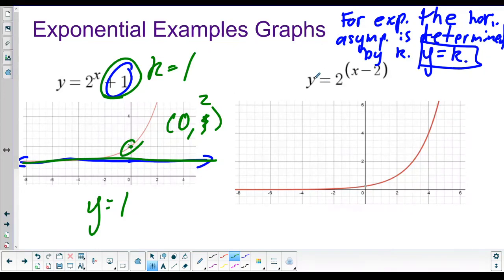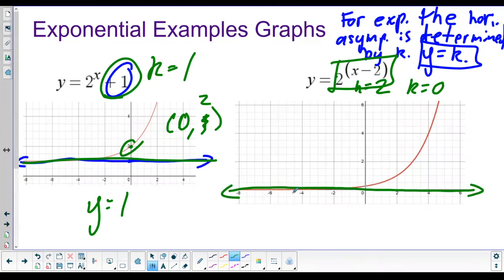All right, looking at this one, we have y equals 2 to the power of x minus 2. So here's our h equals positive 2 because the sign is reversed, and k equals 0 because we're not adding or subtracting anything to the exponential term. So we can see our horizontal asymptote right there on the x-axis.